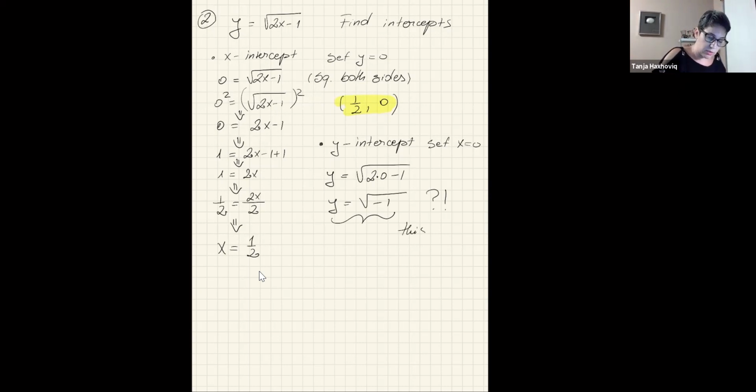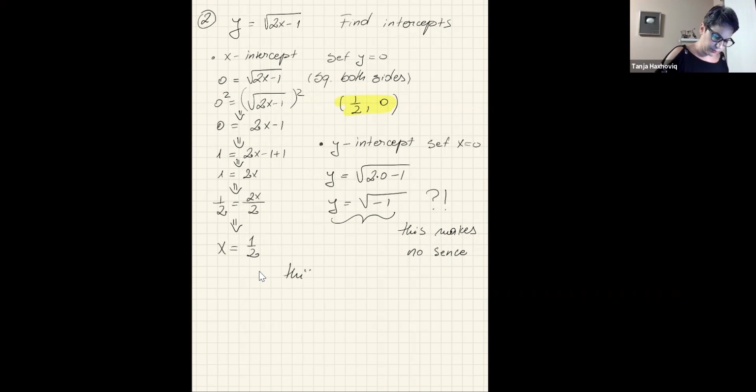So this means that actually there is no y-intercept. X and y-intercepts don't necessarily have to exist for the graph of an equation. It all depends on the equation. So in this case, we have an x-intercept, but we have no y-intercept.